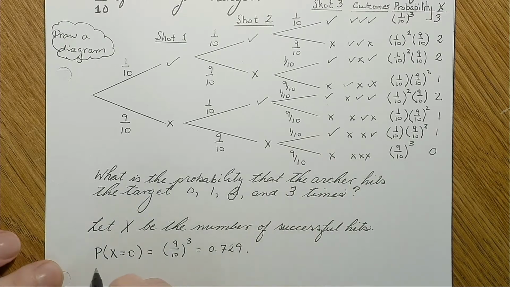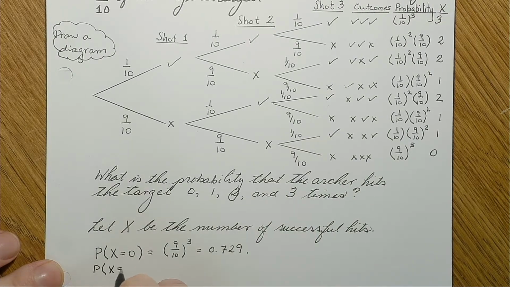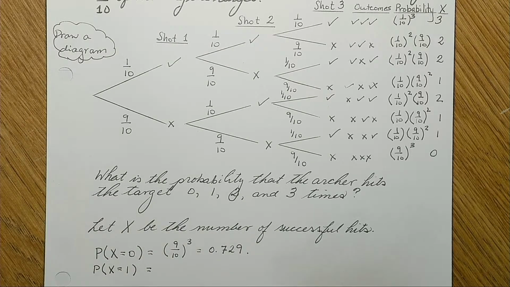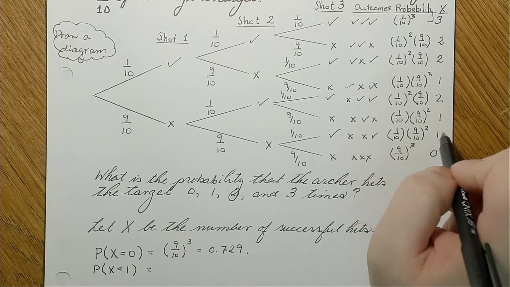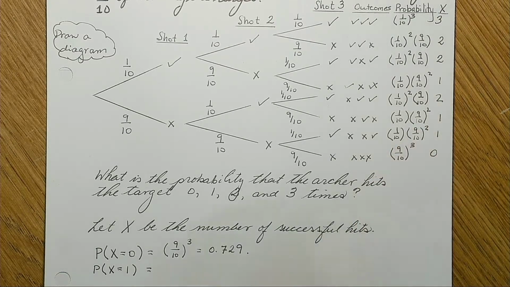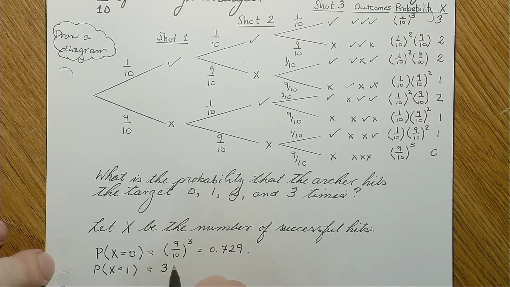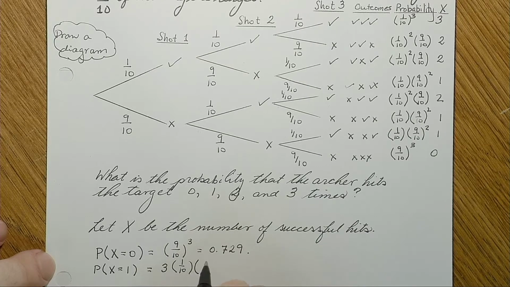We can do the same thing with the probability of x equals 1. So we look over here. It happens here, here, and here. So this happens 1, 2, 3 times. And that's 1/10. Okay, so I have 81. So 9 squared is 81, right?